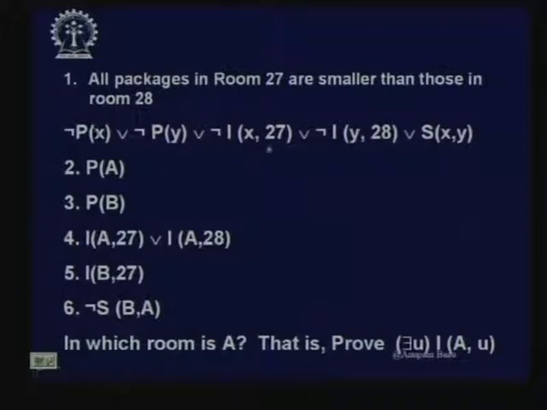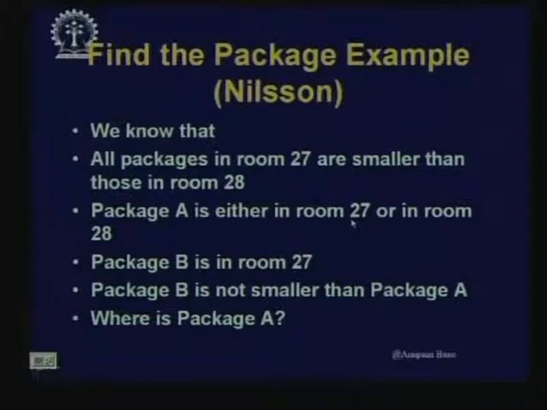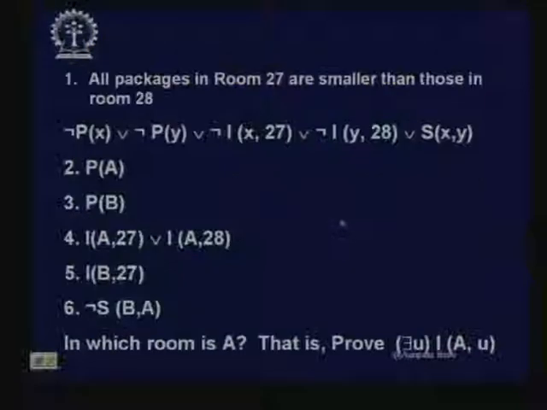Now, if I convert them in clausal form, I get this. A is a package, B is a package. A is in room 27 or A is in room 28. That was the problem here. Package A is in either room 27 or in room 28, and package B is in room 27, and package B is not smaller than package A.